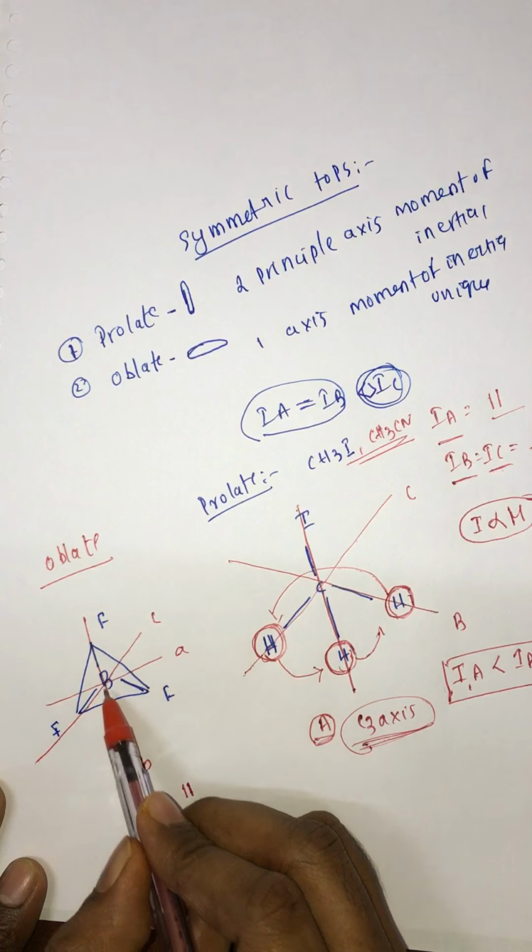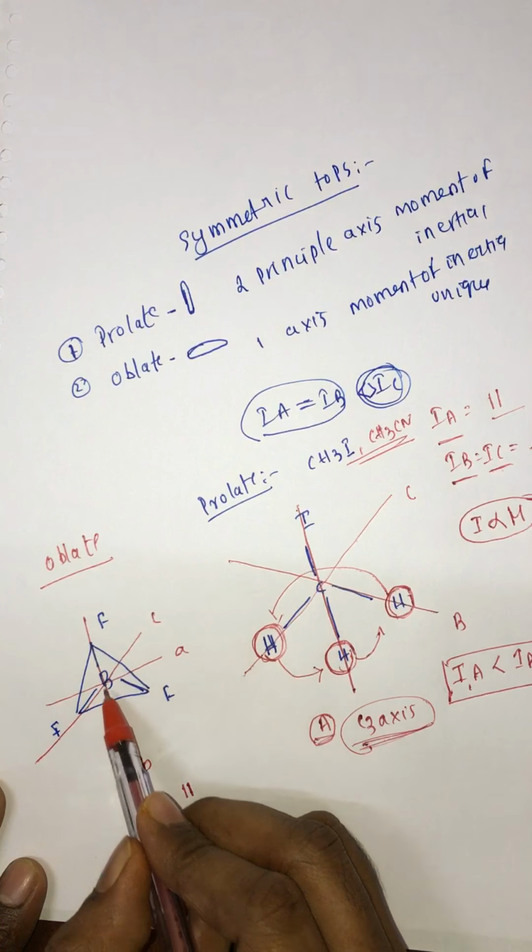IB is passing through one boron and one fluorine, and IC is also passing through one boron and one fluorine, but IA is passing through one boron and three fluorines. Because of that reason, IA is greater than IB and IC. In case of oblate, IA is greater than IB equals IC.